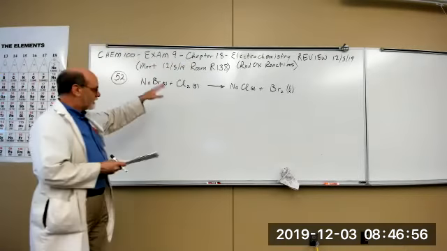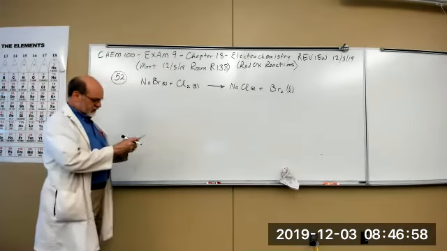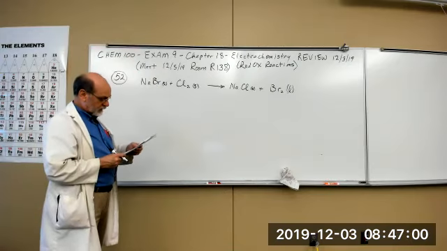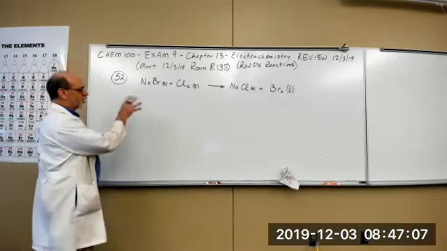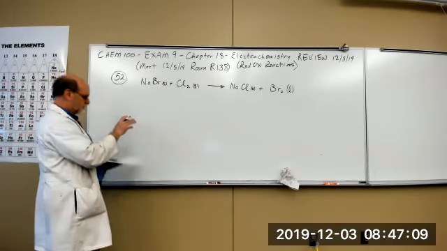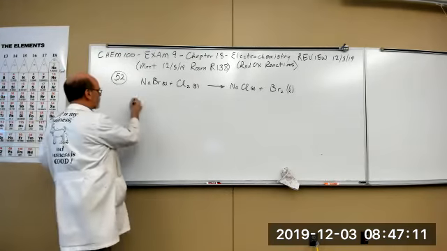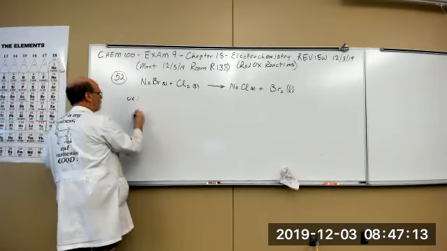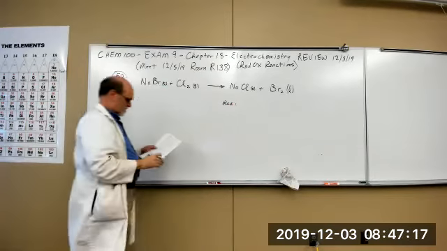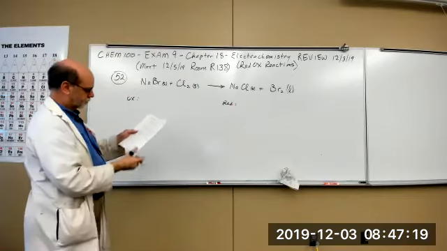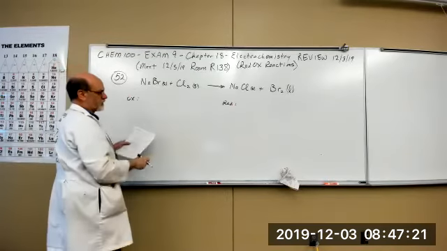Now that we've written that correctly, the question is, what are the half reactions? If we write this in a half reaction setting, oxidation over here and reduction over here, based on the answers, oxidation on the left, reduction on the right.